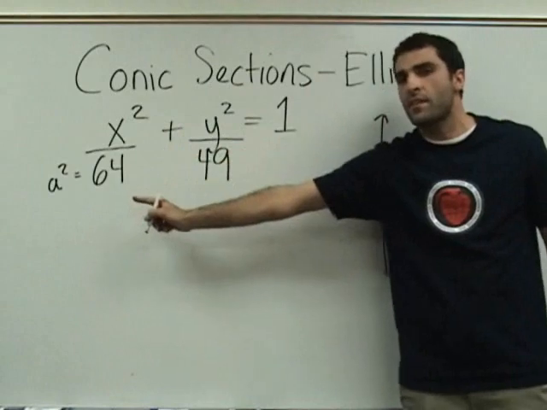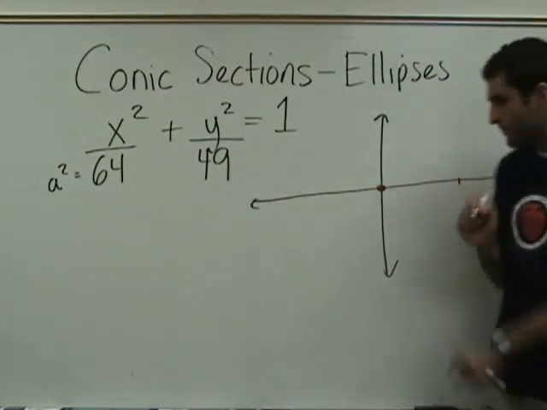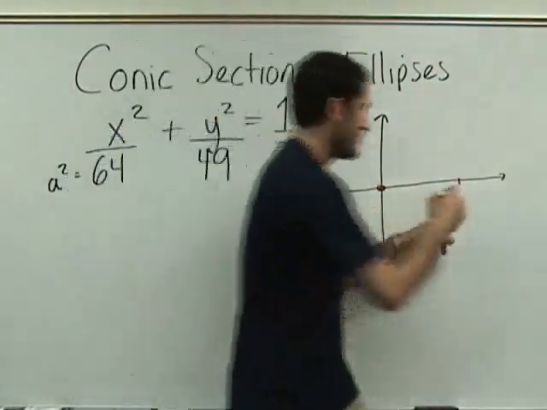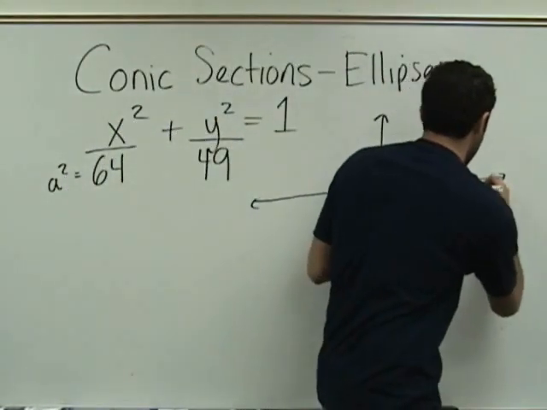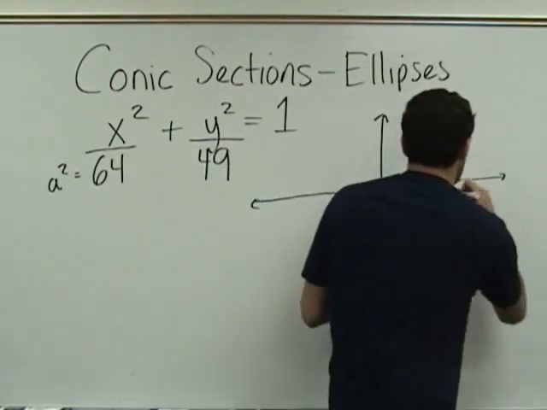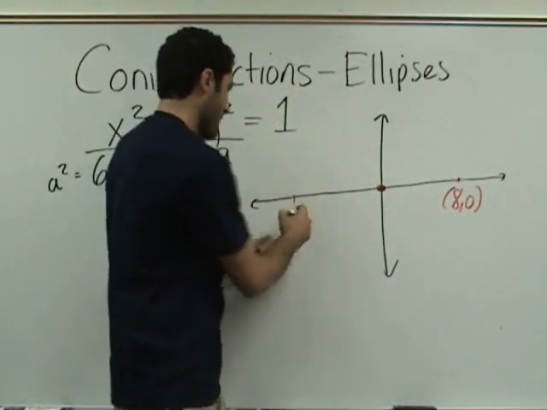Since a squared is under x, we move 8 over here. What's this point? 8, 0. And what's this point over here? Negative 8, 0.